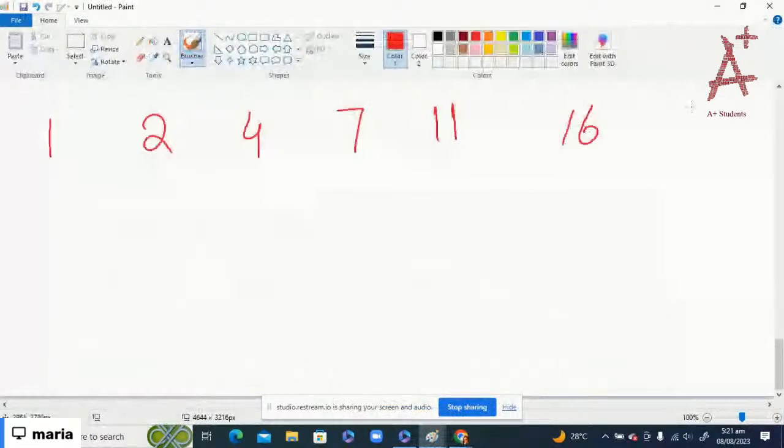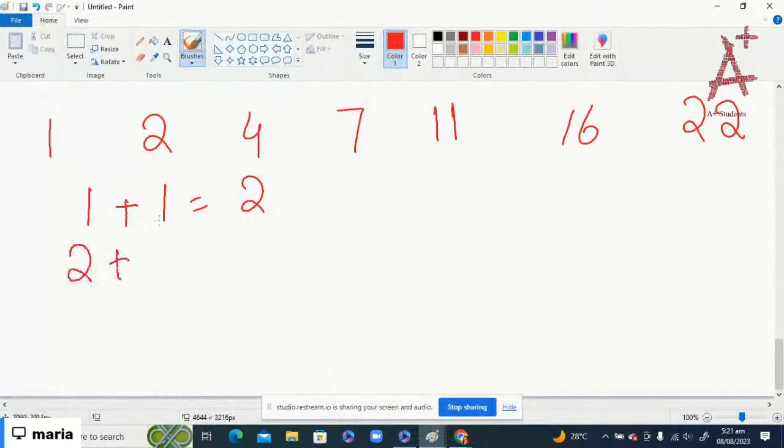Let's check. Are these numbers additions of something? Here is 1. Start with 1. 1 plus 1 is 2. Get your answer. After 1, what's the next? It's 2. 2 plus 2 is 4. Yes, these both are right.